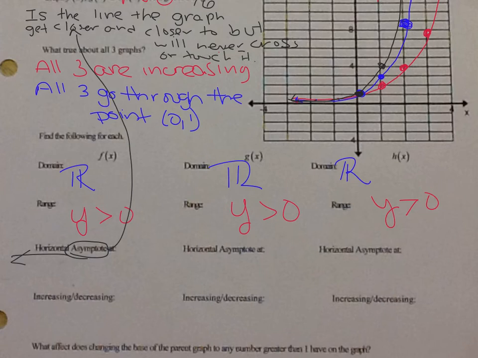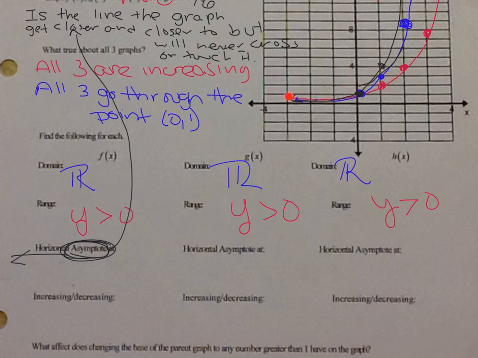So if you look in your table of values at any one of those graphs and you keep looking for where your y value is equal to 0, it doesn't. It just gets closer and closer to. The number gets smaller and smaller, but it never ever reaches 0. Okay, so what's the asymptote? The line that this graph gets closer and closer to. So this graph gets closer and closer to the x-axis, but it will never ever cross the x-axis.